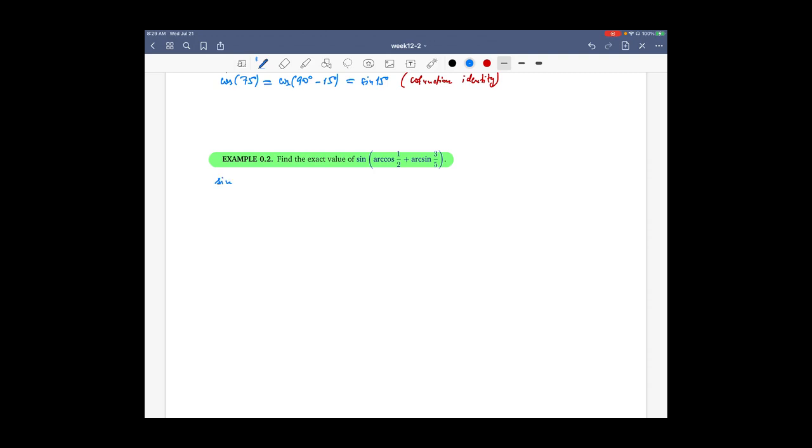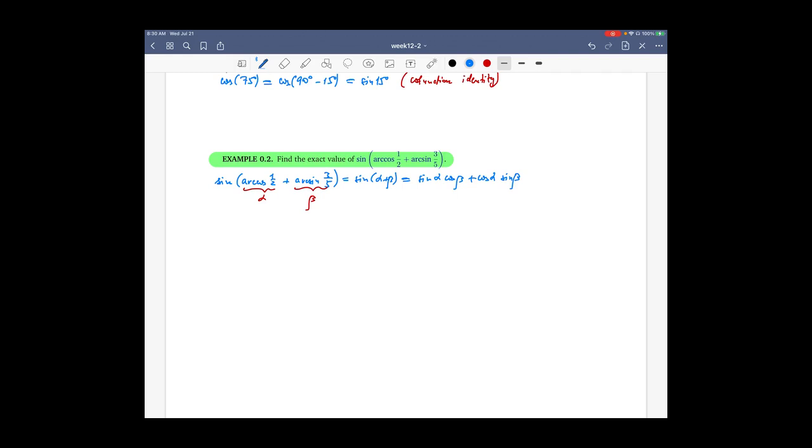So sine of this sum, if you call this alpha and this beta, I can write this as sine of alpha plus beta. And that we know is sine alpha cosine beta plus cosine alpha sine beta.